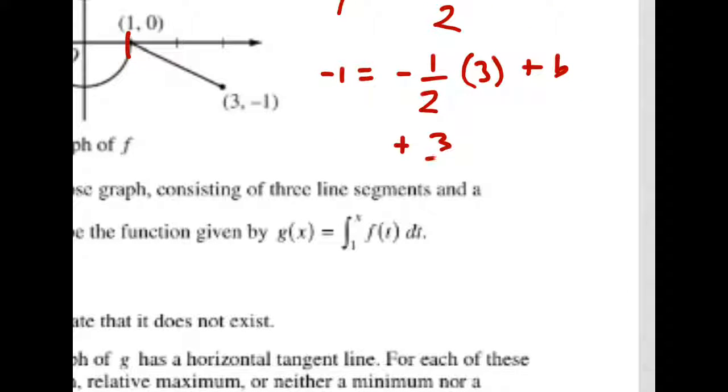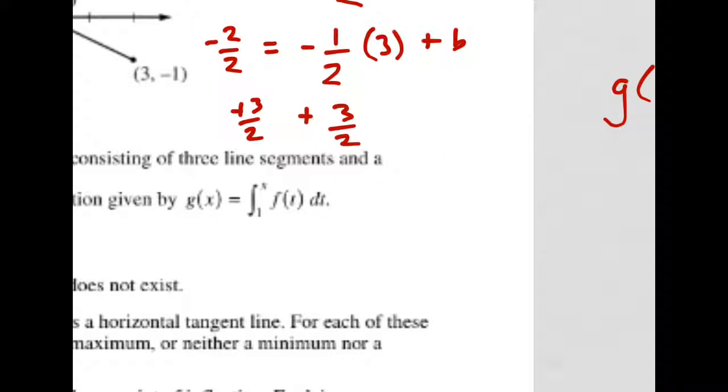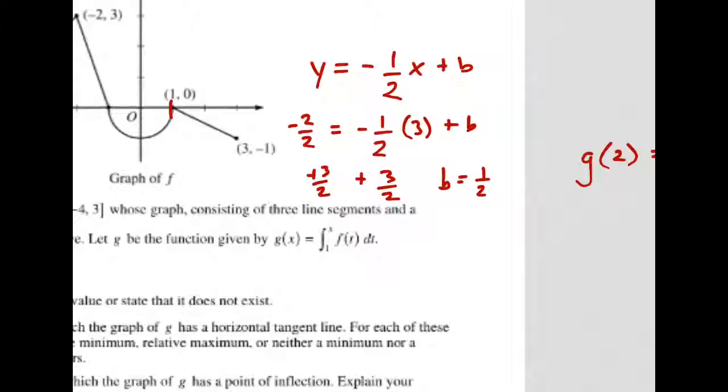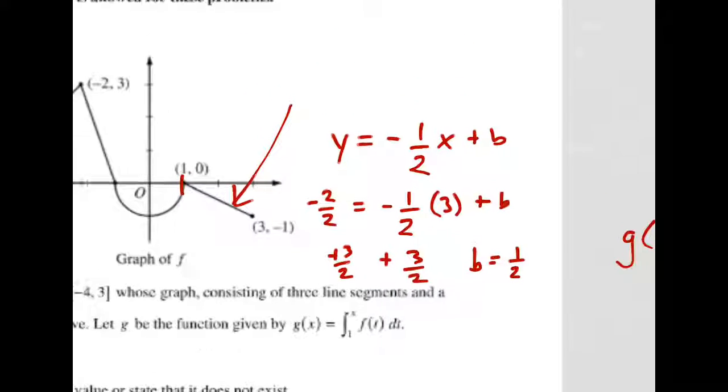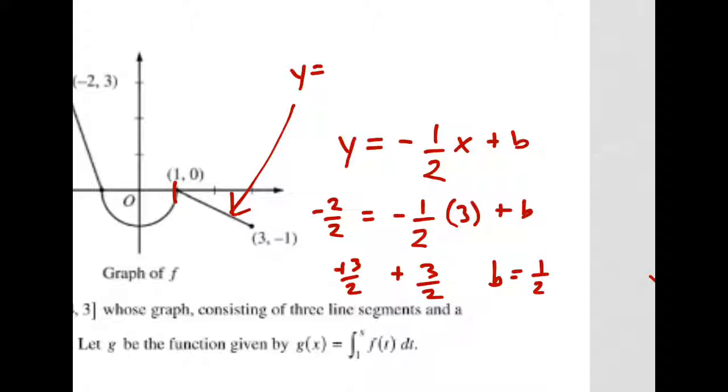So I'll add 3 over 2 plus 3 over 2. What is this? The -1, that's like -2 over 2, right? -2 over 2. So I get -1/2. Oh no, +1/2. B equals +1/2. So my equation for this line is y equals -1/2 x plus 1/2. This is getting messy.